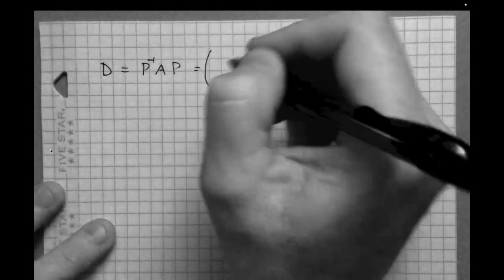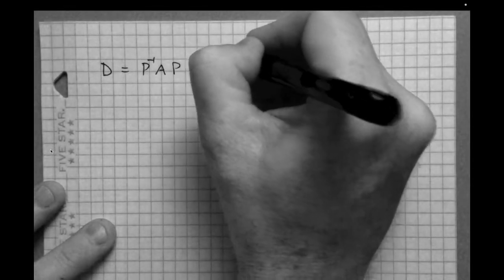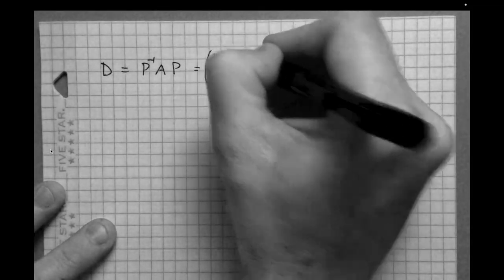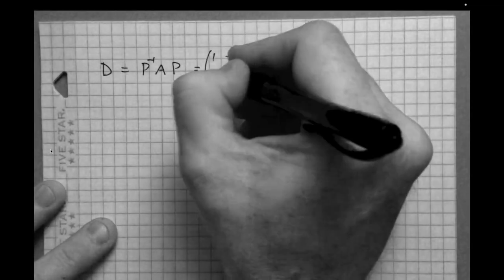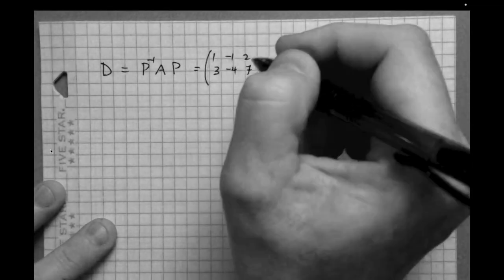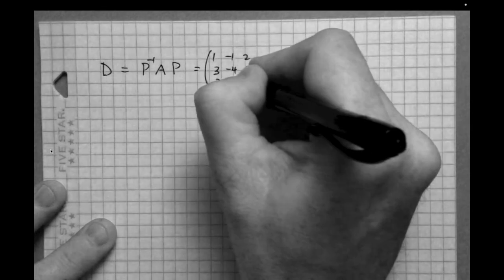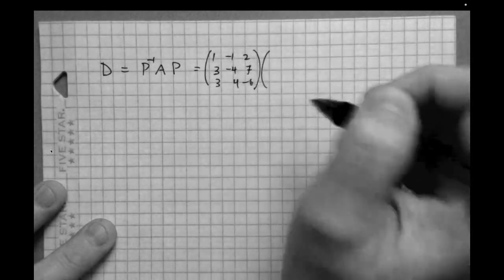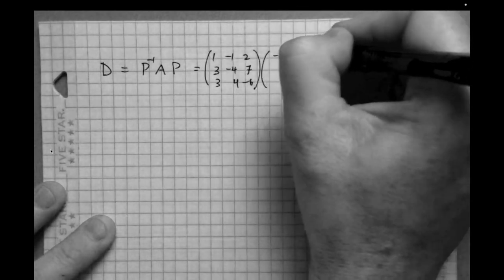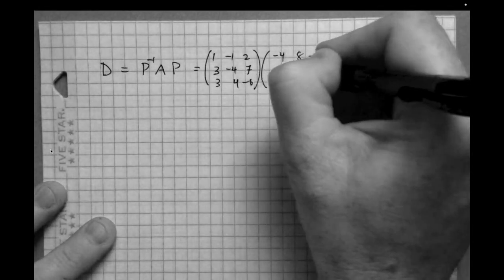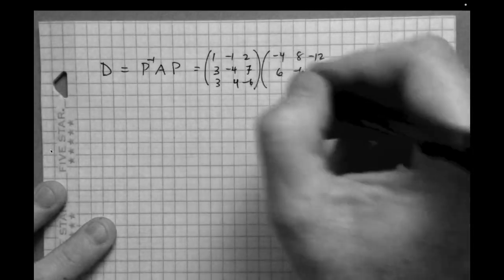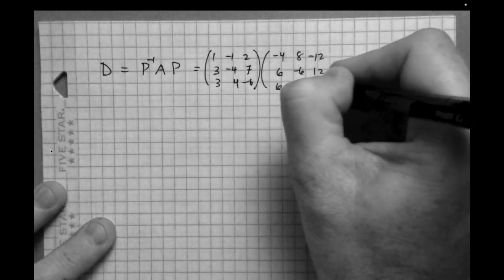Now, if you do this exercise, I highly encourage you to do it. Let's go ahead and write it all out. So P inverse, we found 1, negative 1, 2, 3, negative 4, 7, and 3, 4, negative 6. A was our original matrix: negative 4, 8, negative 12, 6, negative 6, 12, and 6, negative 8, 14.